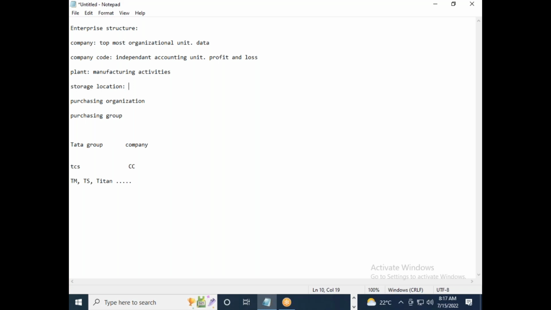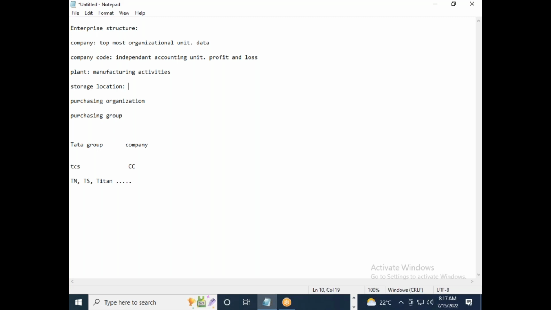In a storage location, we store the products we have manufactured, and also the materials which you are getting from outside vendors, or from the nearby plants of your company.